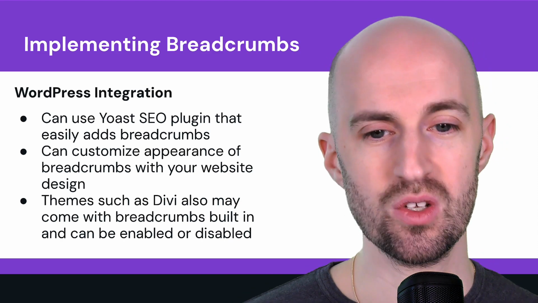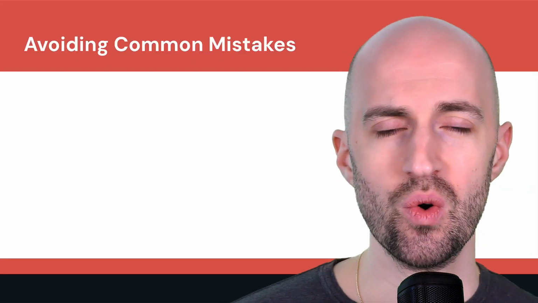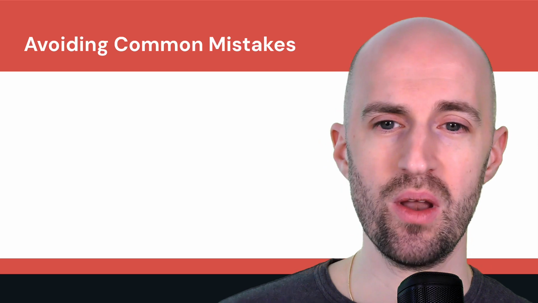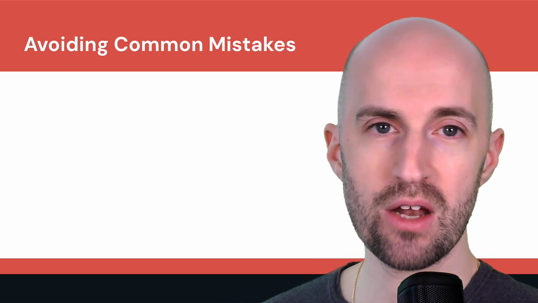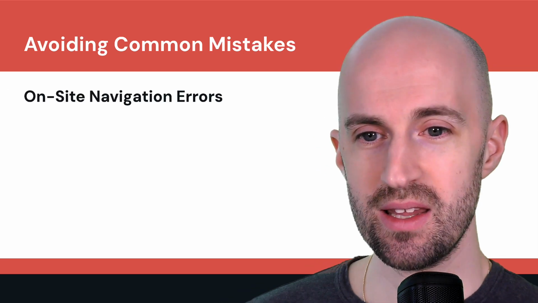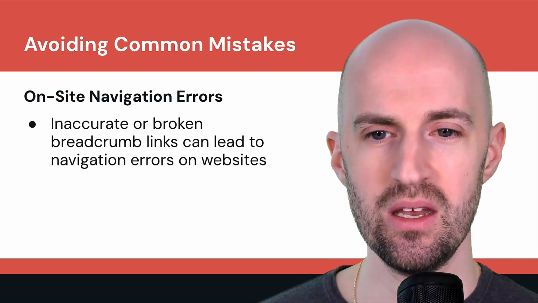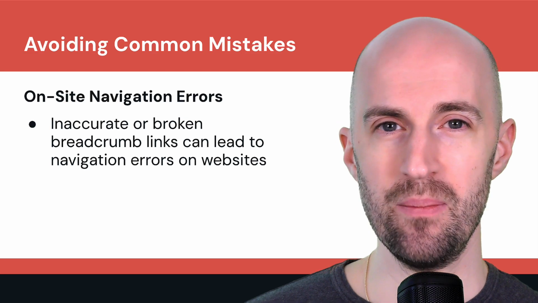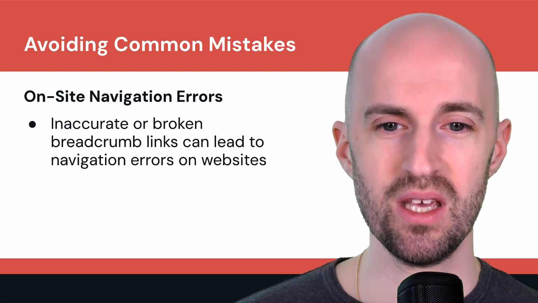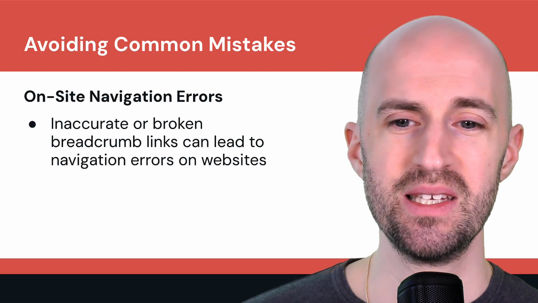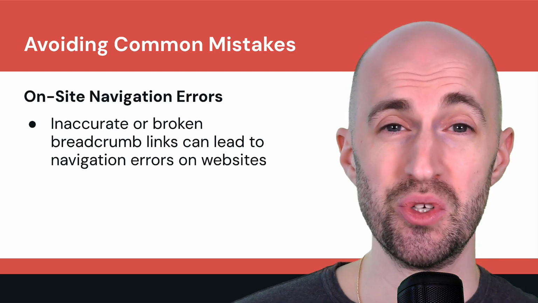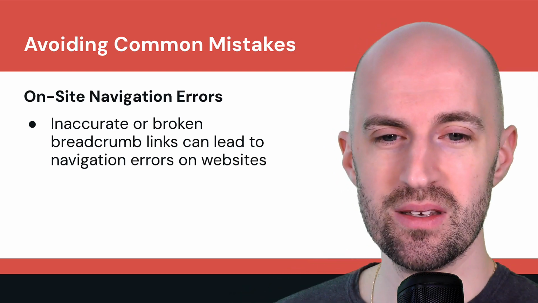So here are some more tips on avoiding common mistakes when it comes to breadcrumbs. Firstly, on-site navigation errors. Inaccurate or broken breadcrumb links are to be avoided. Obviously, you don't want to have those because they can lead people to the wrong part of the website.